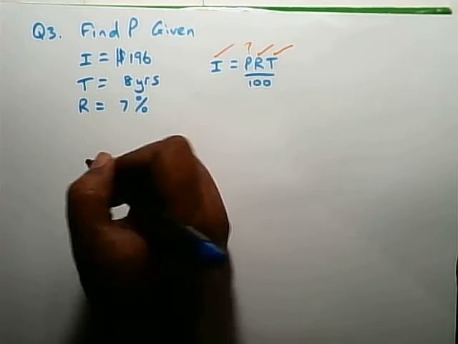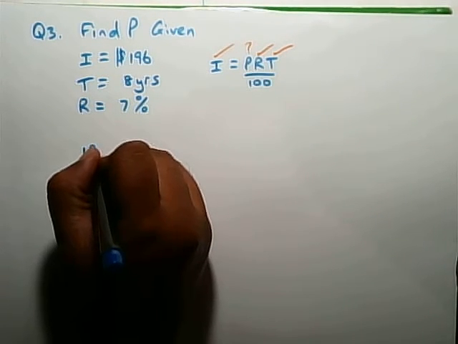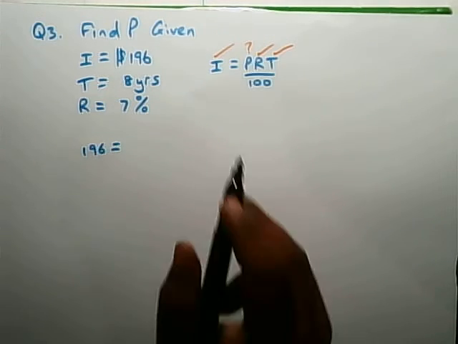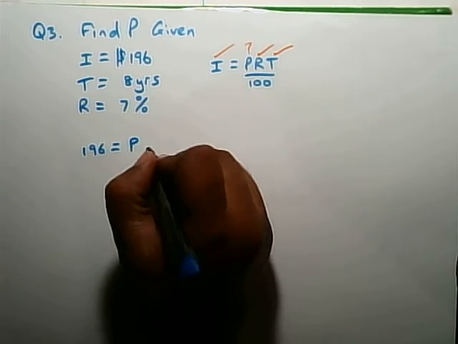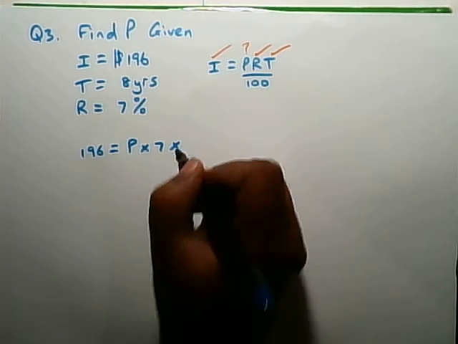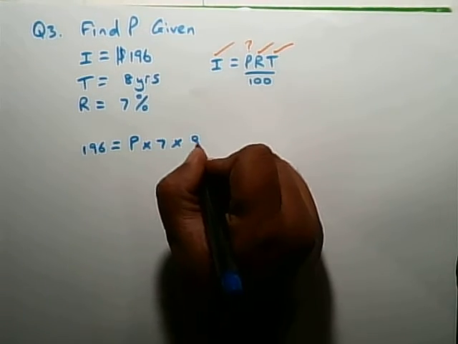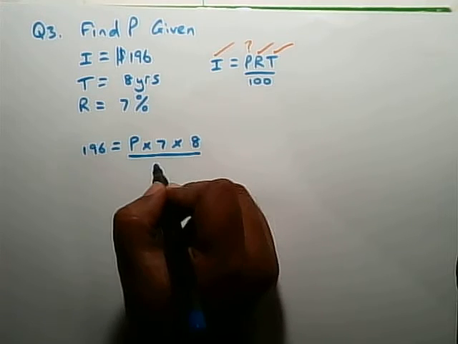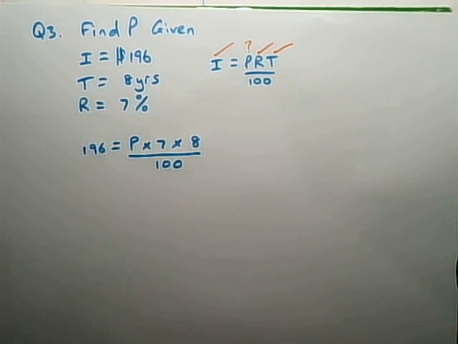I is equal to 196, and P remains as the letter P, times R is 7, time is 8, all over 100. Next step, you cross multiply.